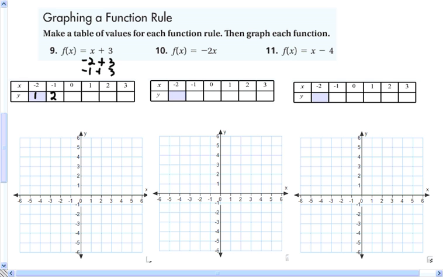If I put 0 in for x and add 3, I get 3. And I see a pattern where it's increasing by 1, so I'm going to assume that pattern continues, and I'm going to graph those: (-2, 1), (-1, 2), (0, 3), and so on, and I can keep putting points in there. And since we're graphing this function for all real numbers, I'm going to draw a line through those.